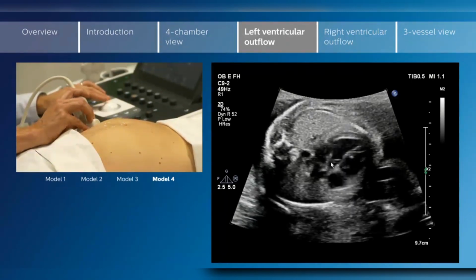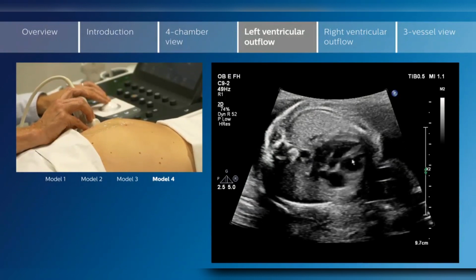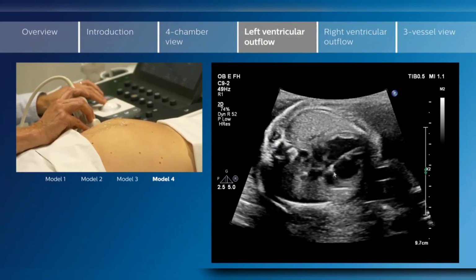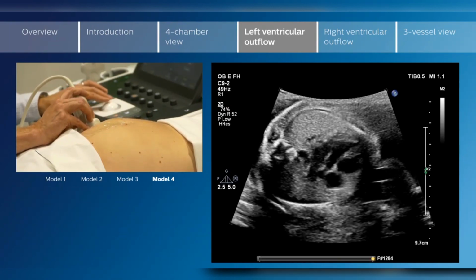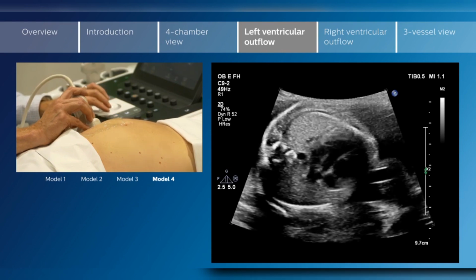The aortic valve should be seen to open and close here, which is normal, and the septum and anterior wall of the aorta should be one continuous line as it's seen here. I'll just freeze the image to make that point, that this line of the ventricular septum and anterior wall of the aorta should be one continuous line, so that the aorta is completely committed to the left ventricle.